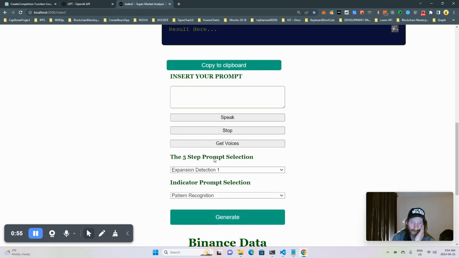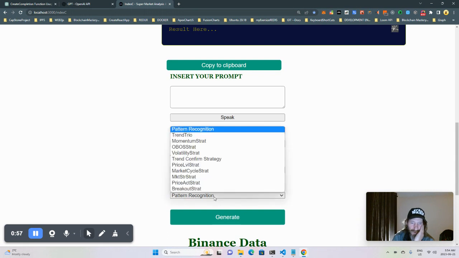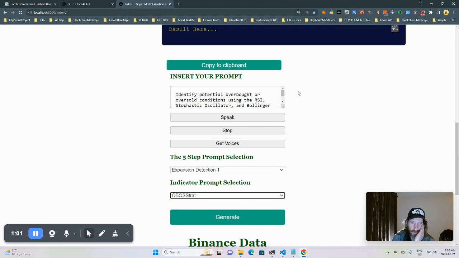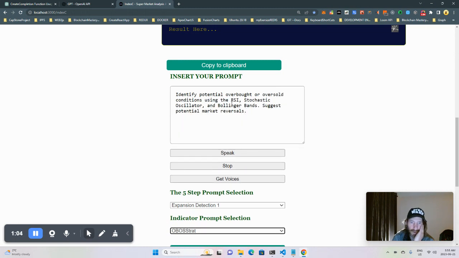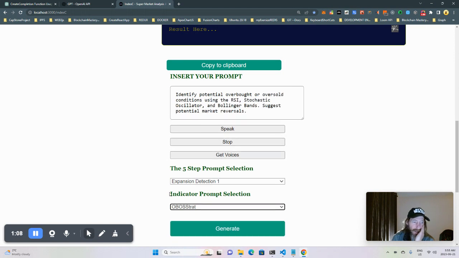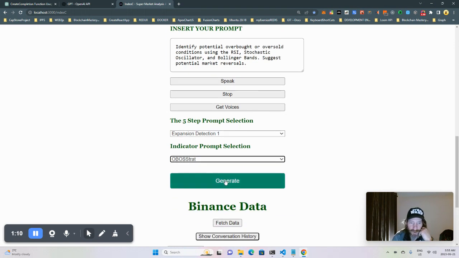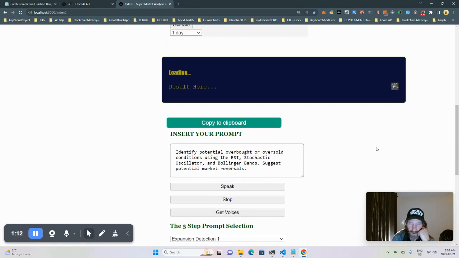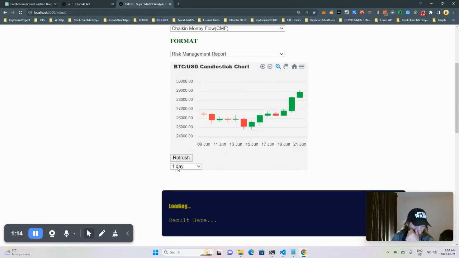I don't have to, well, I will put something in here. Anything. I don't know, identify potential repository. Okay, and just generate it. I forgot to change this, but it's on one day.